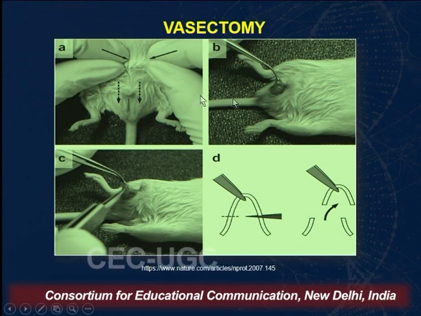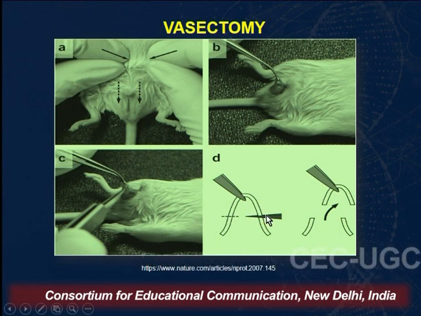Then an incision is made in the scrotal sacs, and the vas deferens is pulled out and kept in place, making a V-shaped structure. From there the vas deferens is cut on the right side as well as the left. Both vas deferens are cut so that there is no sperm production.